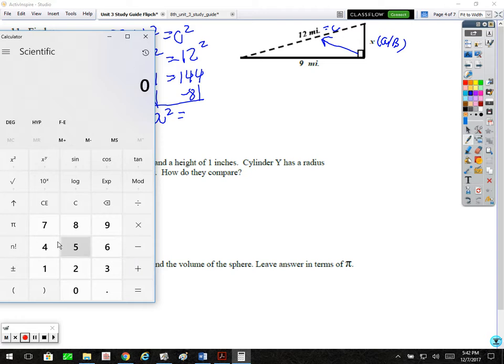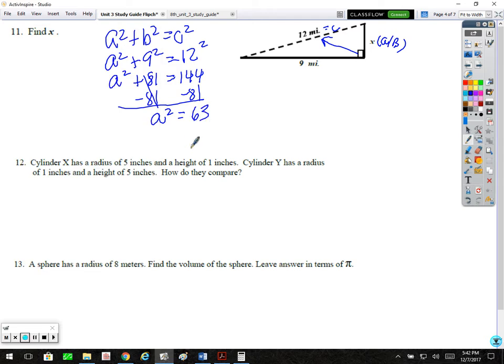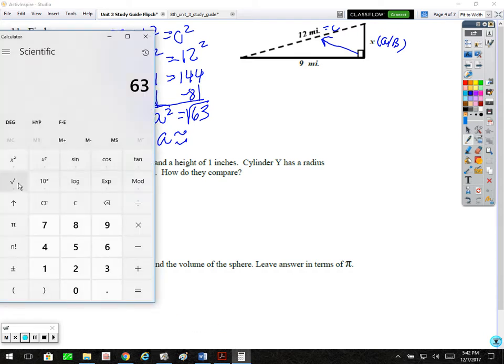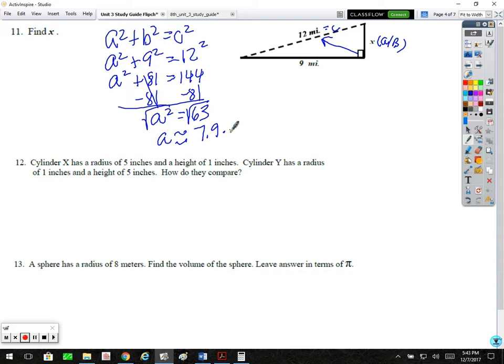Minus, excuse me, 144 minus 81 gives me, oh, I keep messing up, sorry. 144 minus 81. Now we got it, 63. All right, so we want to take the square root of both sides. Sorry about that, guys. So we want to estimate the square root of 63, and we take the square root, 7.9. Remember, dot, dot, dot. I apologize for those mix-ups.